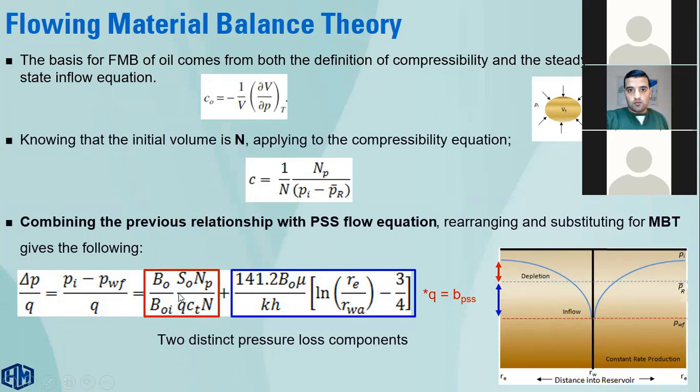This equation has two pressure loss components: pressure loss due to depletion and pressure loss due to inflow, because during production we have pressure losses inside the reservoir and pressure losses during the flow across the perforated intervals.